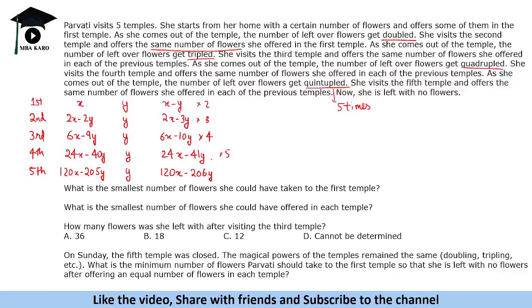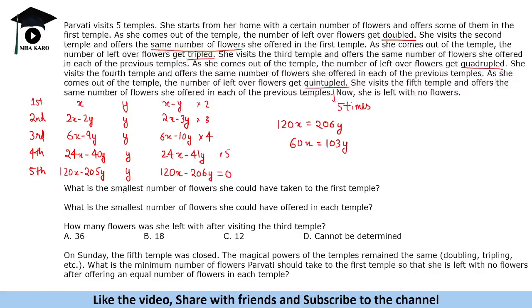Now it is given that she has no flowers left. That means the number of flowers becomes 0. If the number of flowers becomes 0, we will get this equation. So this gives us 120x is equal to 206y, or we can say that 60x is equal to 103y.